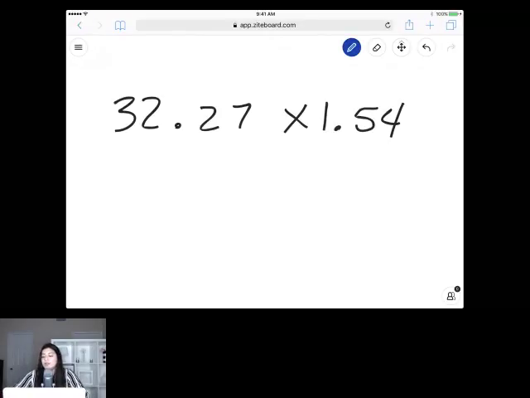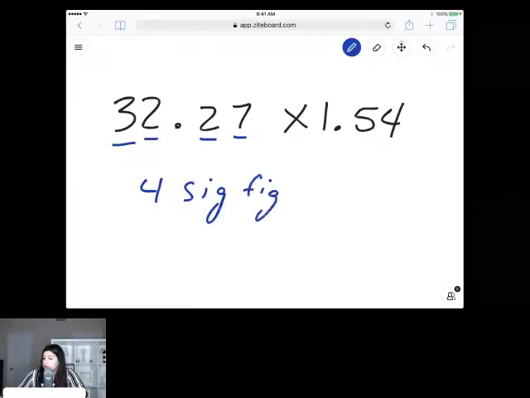Cool. Okay. So we'll start with this 32.27. And remember that any non-zero number counts as significant. So we have 4 sig figs in this case. Same goes for this one. We see that all of these are non-zero numbers. However, we have 3 sig figs. So we're going to round to only 3 significant figures.